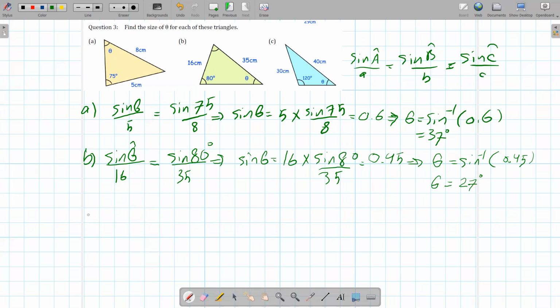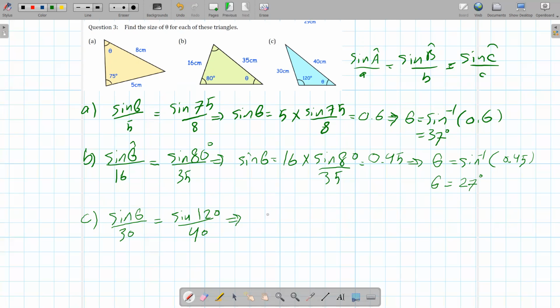Last question, which is question C. Same thing: sine theta over 30 equals sine 120 over the opposite side, which is 40.